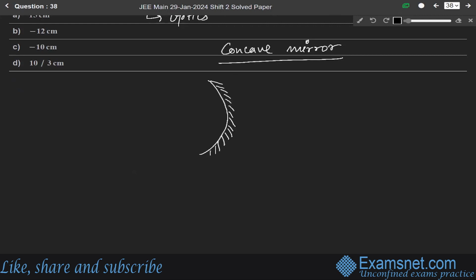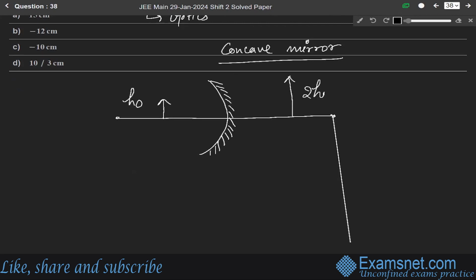Let us say this is a concave mirror. This is the principal axis. And 2 times magnified image means if the object height is h0, the image height will be 2h0. And 2 times means if this is the object distance x, the image distance will be 2x.